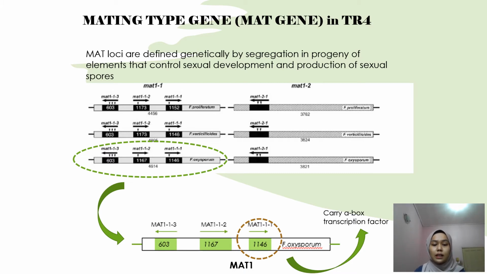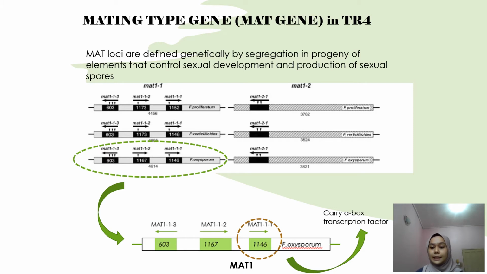In one MAT1 locus, they carry three types of genes: MAT1-1-1, MAT1-1-2, and MAT1-1-3. MAT1-1-1 carries an alpha box transcription factor.